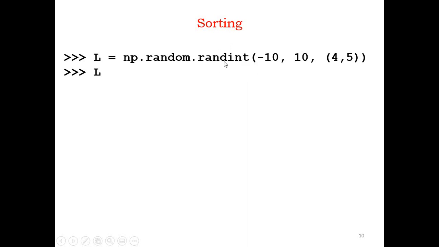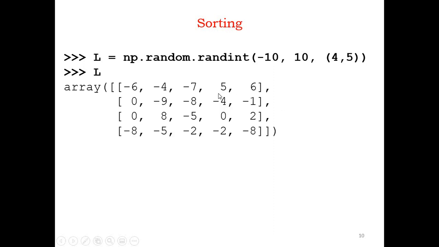Randint means it will create random integers between -10 and +10, and it will create an array of 4 by 5. So if I write this, this is the shape. These random numbers came randomly between -10 and +10, and all these numbers are in a 4 by 5 array.